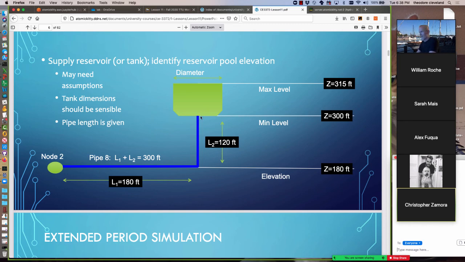And so the tank can have water levels or pool elevations in it ranging from 300 feet to 315 feet, and I believe I supplied a tank diameter of 50 or 60 feet in diameter.